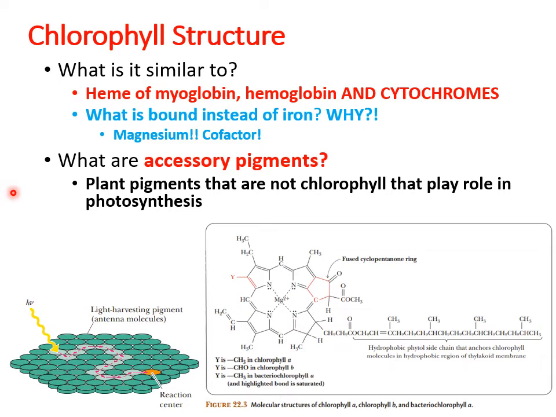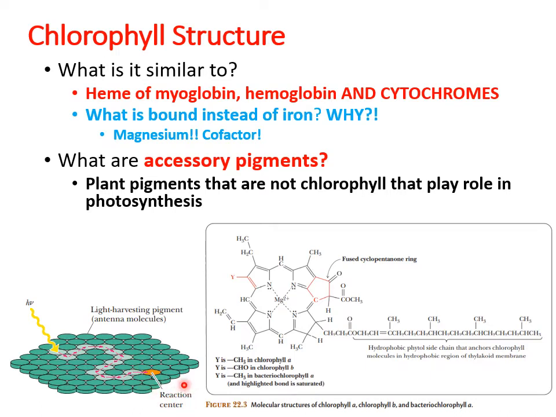Okay. I also want to point out that when we're looking at chlorophyll, you'll notice in this figure there's a part called the reaction center. When light energy makes its way to the reaction center, that's when the actual chemical reactions of photosynthesis will begin.